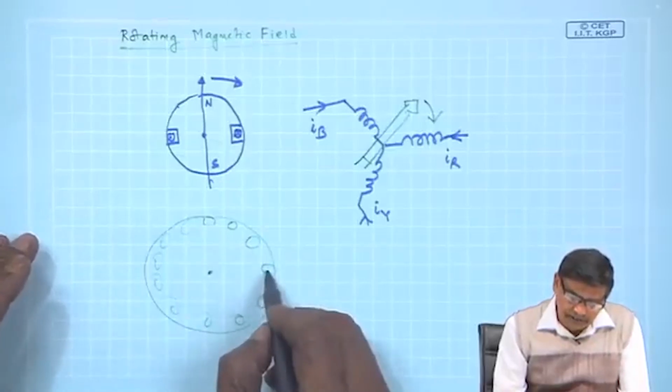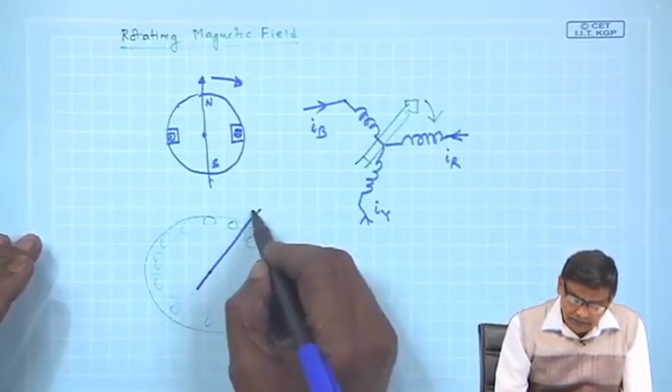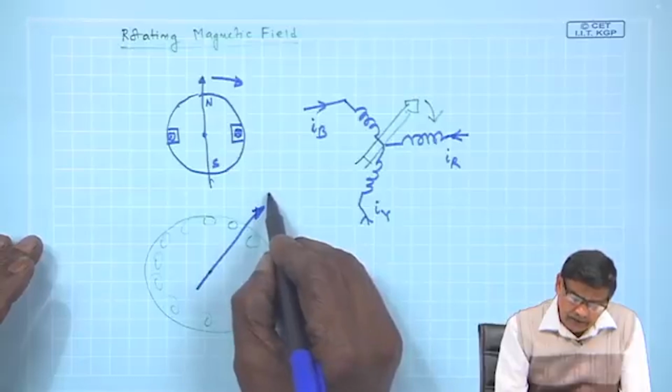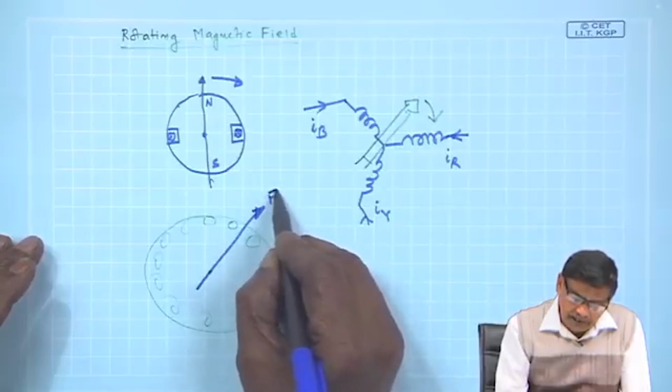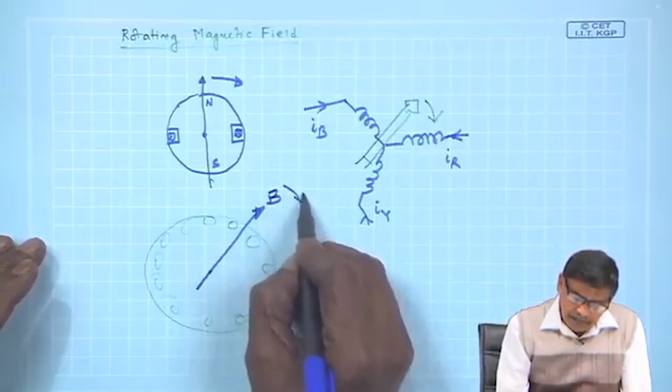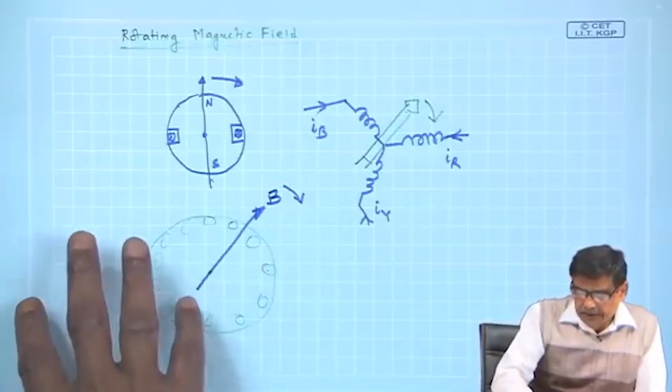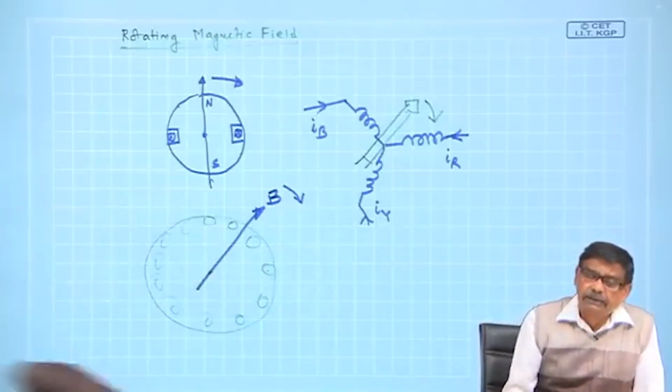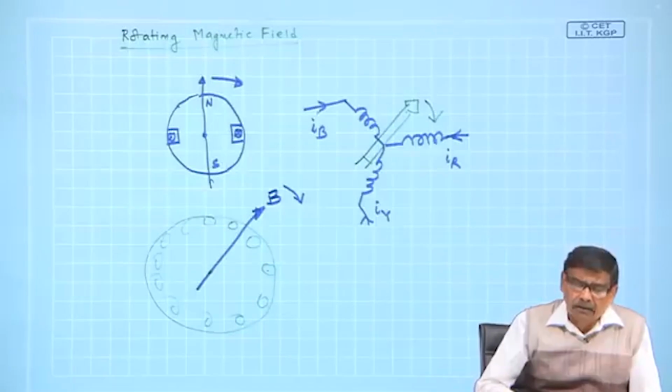You pass 3-phase current and a rotating field will be produced, and you can make it rotate either this way or that way depending upon the phase sequence of the supply.